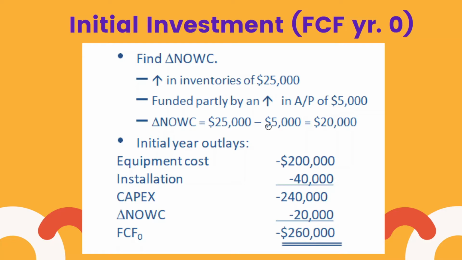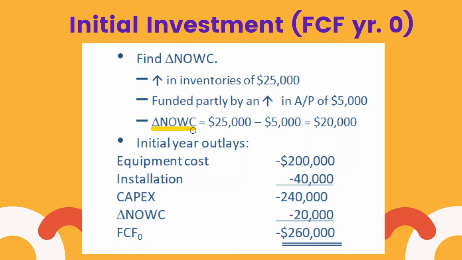If every year we have no additional investment in the raw materials and spare parts, whatever is used in the production at the end of year 1 will be replaced by the same amount at year 2. So the change in net operating working capital from year 1 to year 2 will be equal to $0.